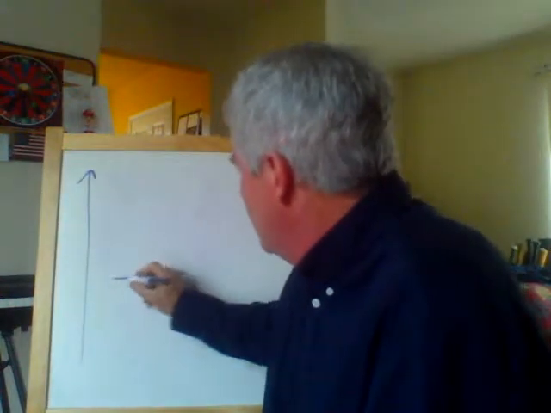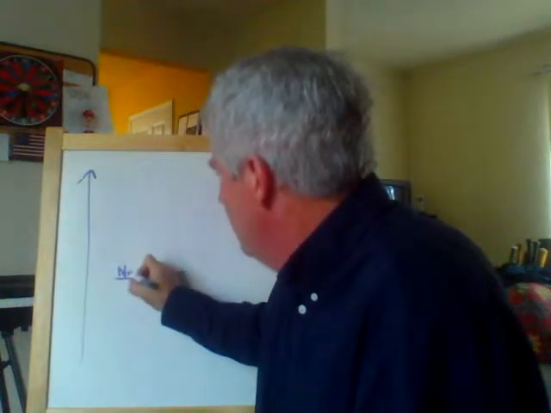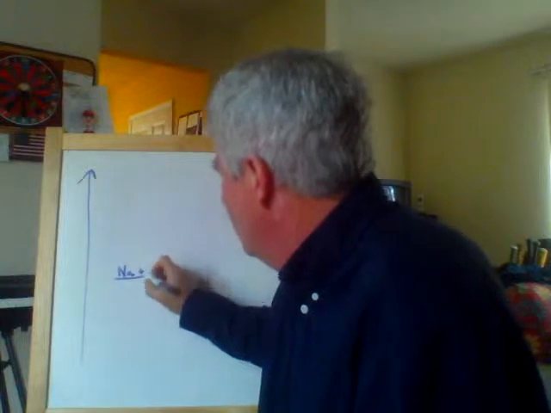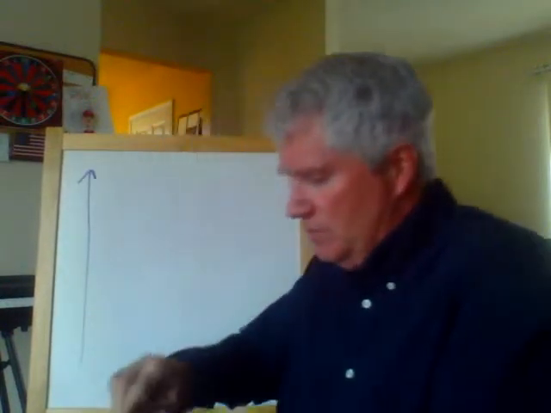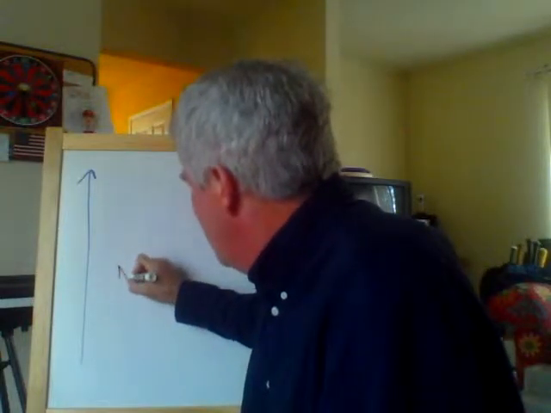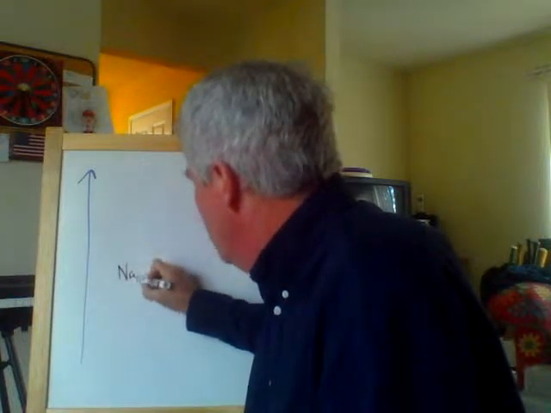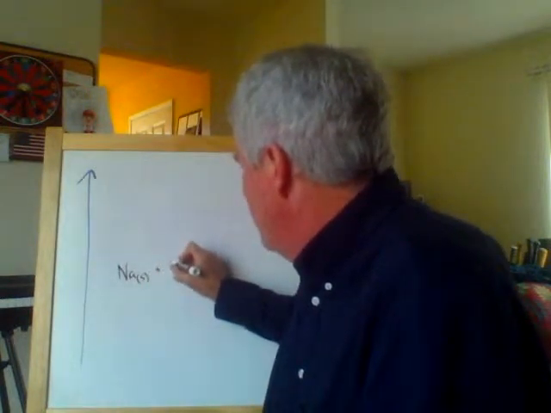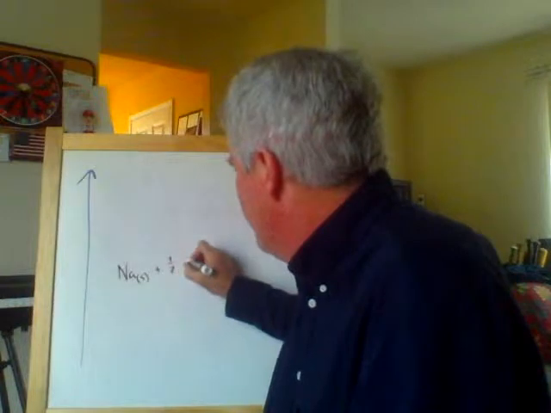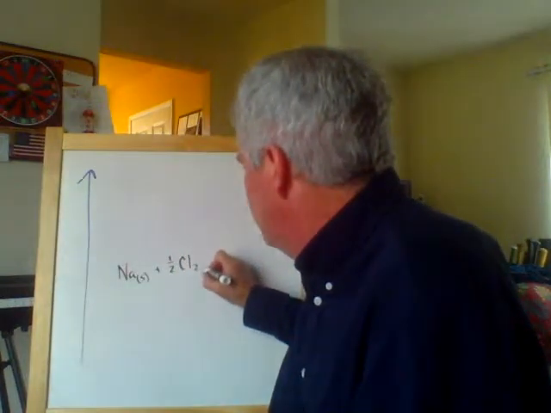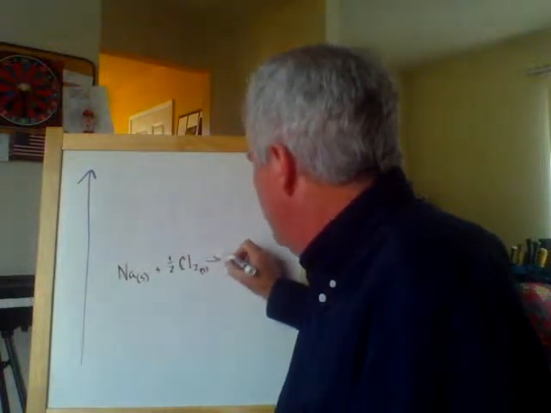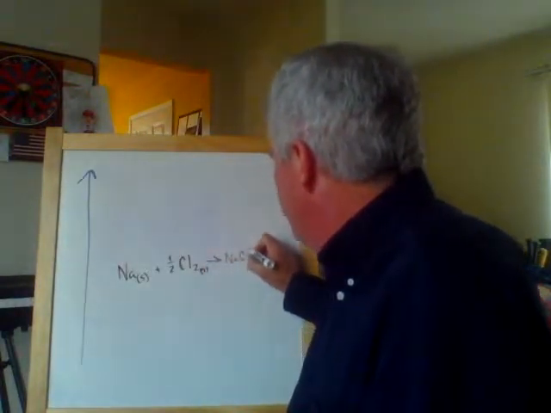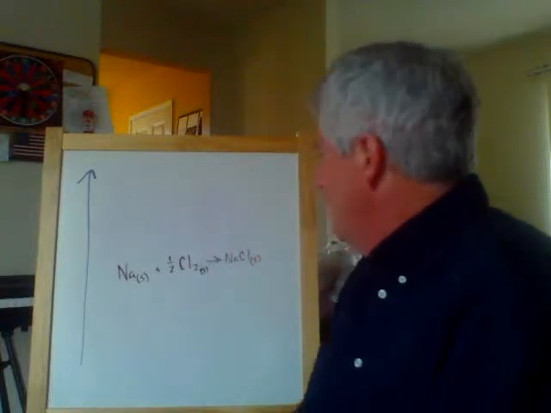If we look at a reaction of taking sodium metal and reacting it with chlorine gas, this forms sodium chloride as a solid.